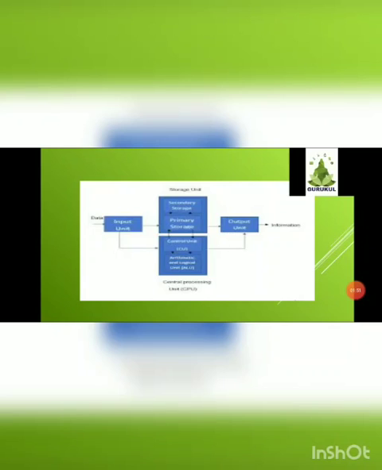Whatever data and instructions are given, the arithmetic logic unit works on the data, processes it and gives it to the output for display. What is the output unit? Whatever data is inputted through the input unit is processed in the CPU and the final information is displayed in the output unit.